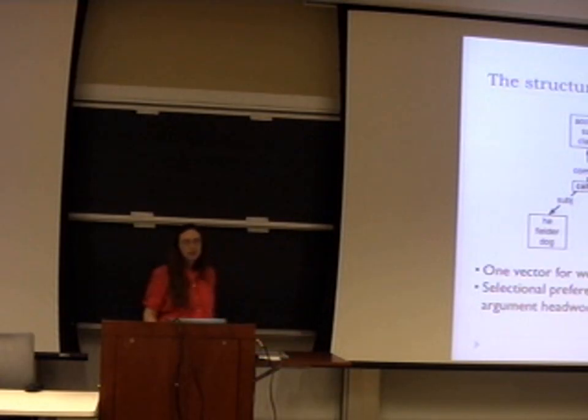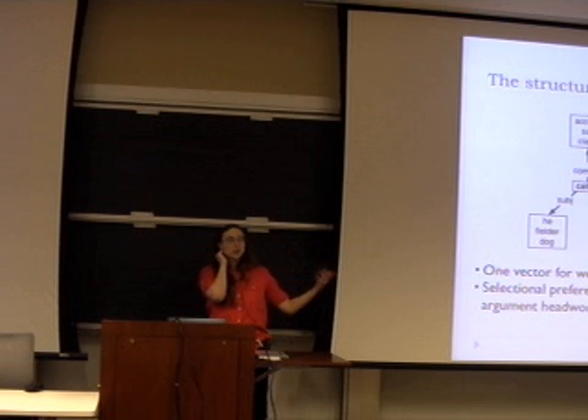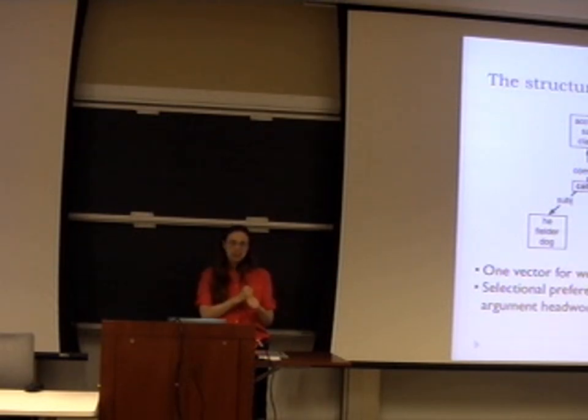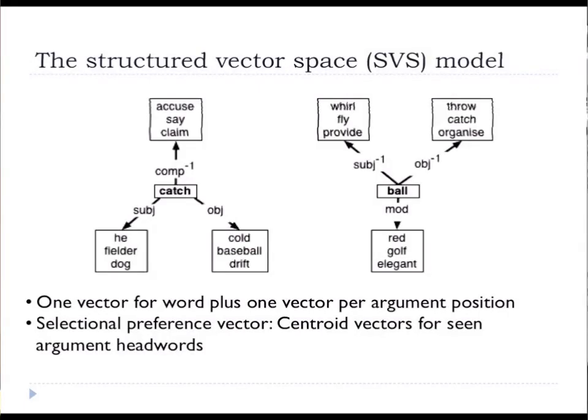So that gives us representations for words that are not an individual vector, but a collection of vectors, one for the word itself. And here for catch, we would have one vector describing typical subjects of catch, one vector describing typical objects of catch. We might even have a vector describing predicates that typically take catch as a complement.